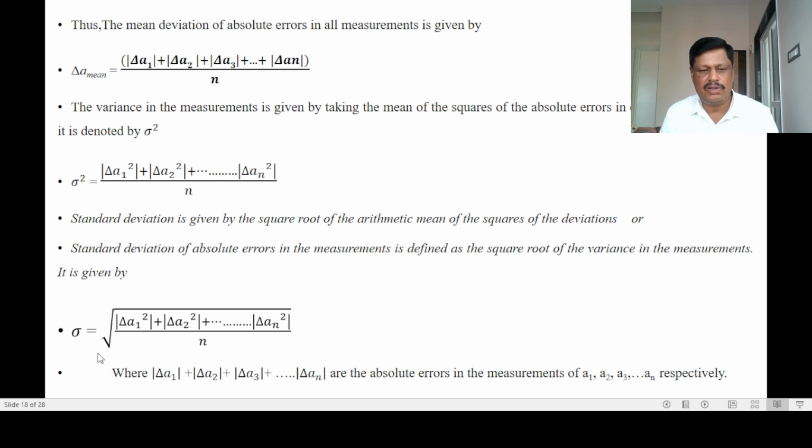So sigma is equal to square root of delta A1 square plus delta A2 square plus etc. modulus of delta An square upon n, where delta A1, delta A2, delta A3, etc. delta An are the absolute errors in the measurements of a physical quantity A1, A2, A3, etc. An respectively. So standard deviation is given by square root of the arithmetic mean of the squares of the deviations.